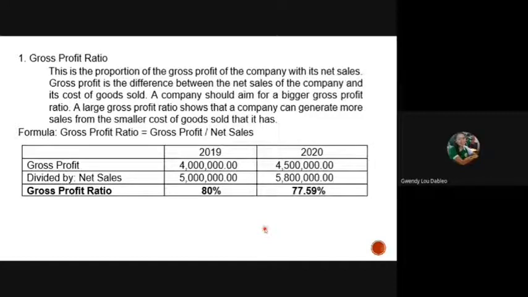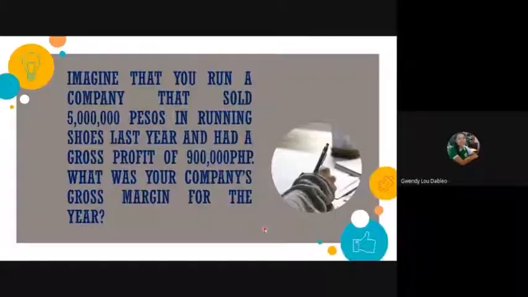So pwede siguro ta mamili atong mga products na atong ibaligya nga dili na kaayo kinahanglan og dakong gasto, no? So naa na siya sa manager sa business on how to decide well in choosing which inventory has a lower cost without sacrificing the quality.